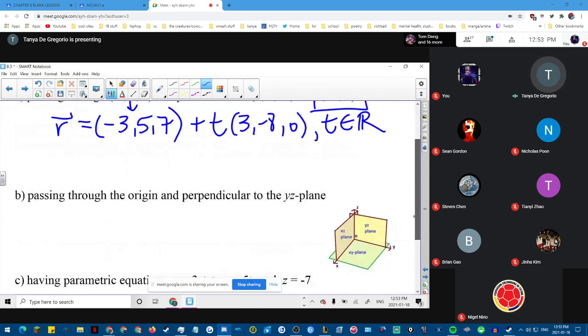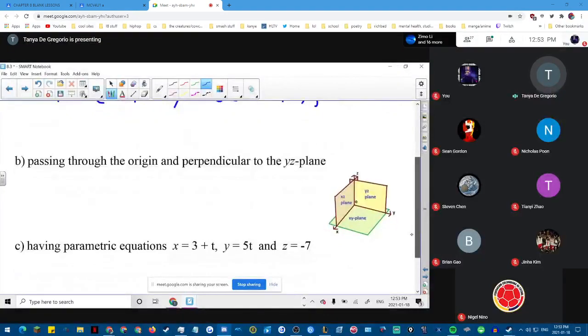Now, passing through the origin and perpendicular to the YZ plane. I have a little diagram here. If we're perpendicular to the YZ plane, imagine the vector coming straight out at 90 degrees from the YZ plane. I'm going to try to draw it. I'm not very good, but can you guys see that? It's coming straight out, forming 90 degrees with the YZ plane.